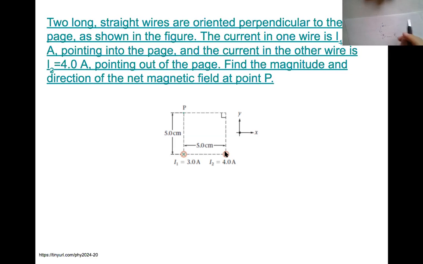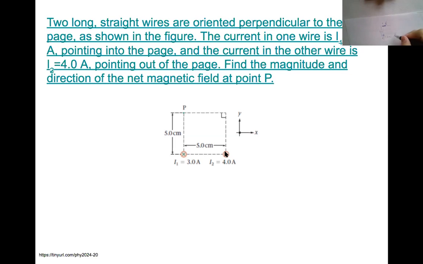Your thumb goes in the same direction as the current, which is going into the page. You curl your four fingers this way. So the magnetic field at this point by I1 is going to be in this direction. This will be B1. Magnetic field is a vector.